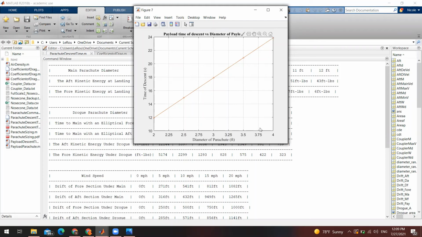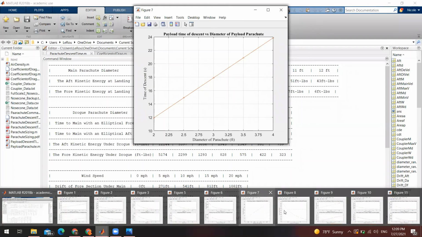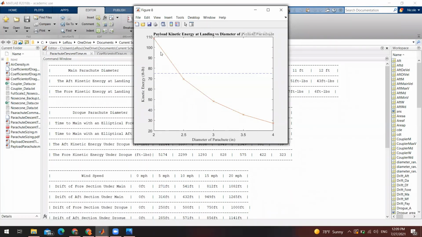And so it made more sense to try and keep our payload as safe as we could, because it couldn't take as rough of a landing as the rest of the body. So here's the payload kinetic energy at landing versus the diameter of the parachute. So, with that 4-foot parachute, the kinetic energy is very small. So yeah, the payload is not going to get damaged.